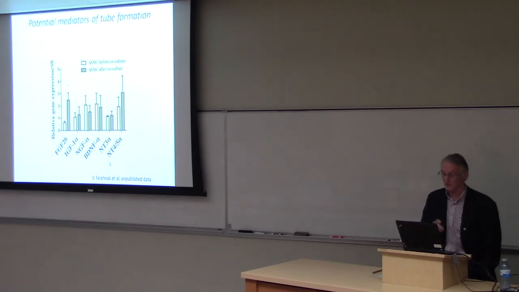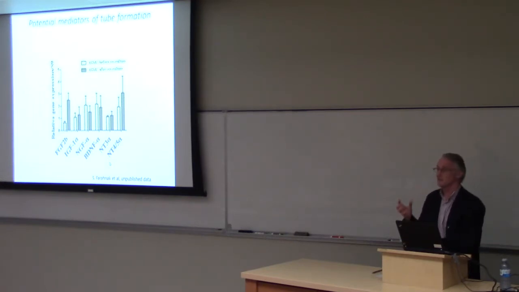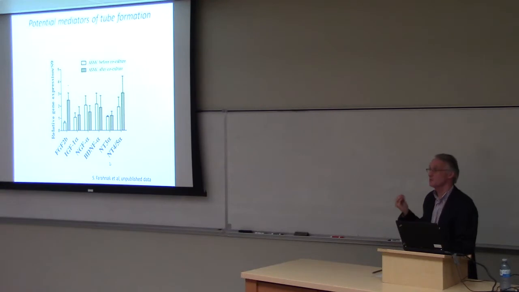I'll get back to that in a minute, but we were interested in what the potential mediators of the tube formation were. What was it that the smooth muscle might produce that would encourage the T cell to generate these tubes? We thought they look like the dendrites of neurons, so if we look at what's known about the sprouting of neurons, we might get some clues.